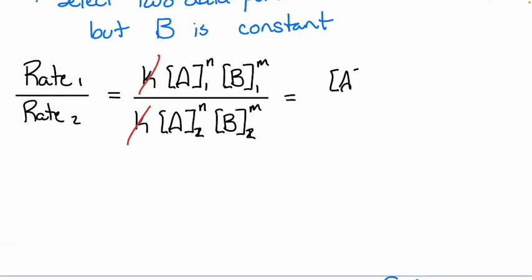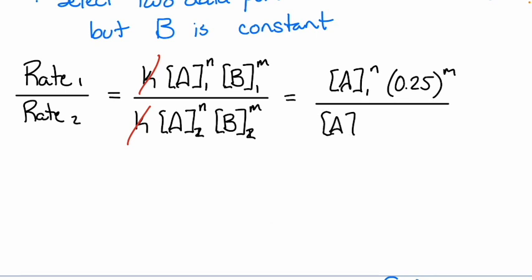Concentration of A at my first data point to the power of n times 0.25 to the power of m, divided by the concentration of A to the power of n at my second data point times 0.25 to the power of m. What do I get to do? I get to cancel them out, right?